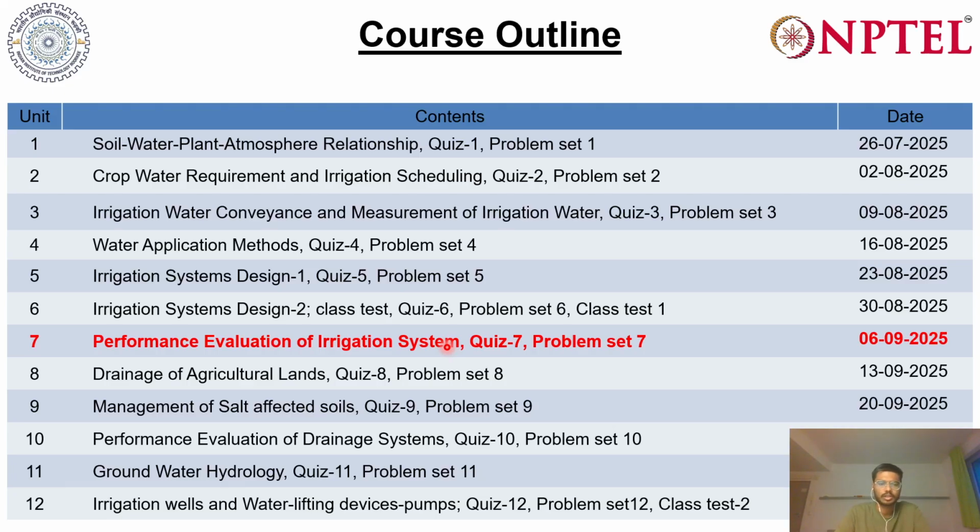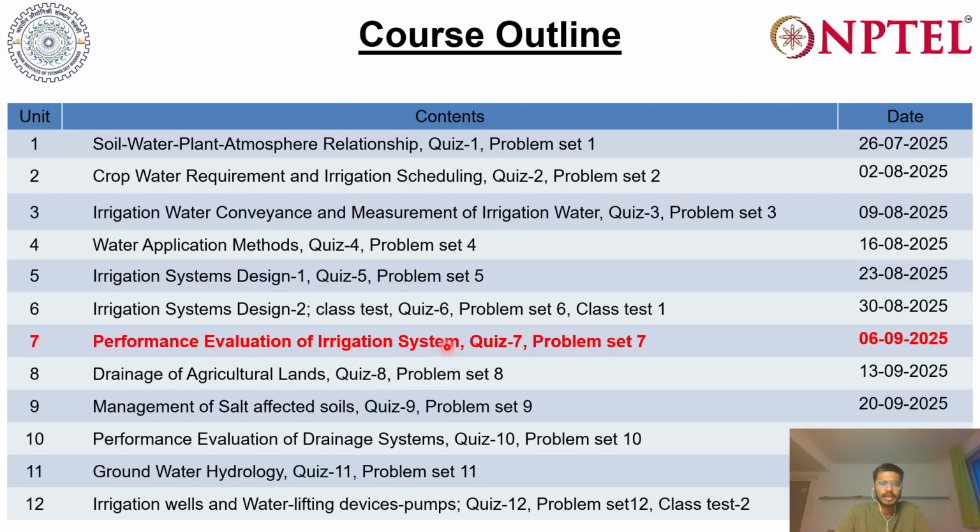Then we learned about new or emerging techniques in the irrigation sector, like sprinkler irrigation and drip irrigation systems, which together are called micro irrigation systems. We talked about their design, installation, operation, and maintenance aspects.